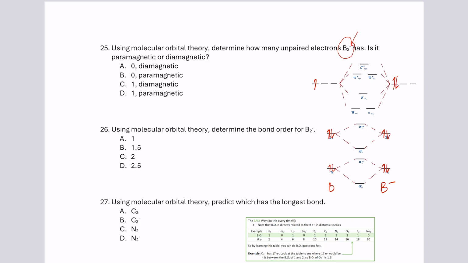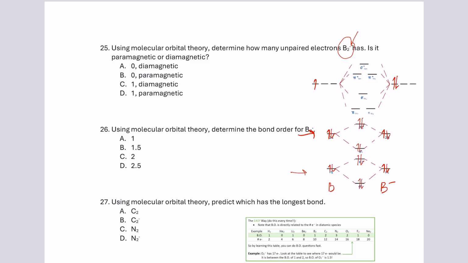We start with 1s. We have a total of 4 electrons. 2 of them will be placed in the sigma 1s bonding orbital, and the other 2 will be placed in the sigma 1s anti-bonding orbital. Then we move to 2s. We also have 4 electrons to distribute here. We're going to place 2 in the sigma 2s bonding orbital, and then the other 2 in the sigma star 2s anti-bonding orbital.